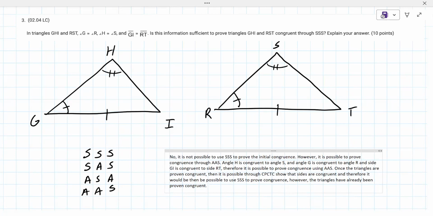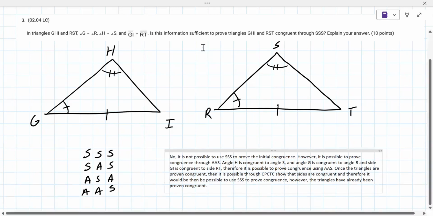So that's too much. The other thing here is we have to be careful. I'm probably not answering the question exactly, so we want to be more specific.